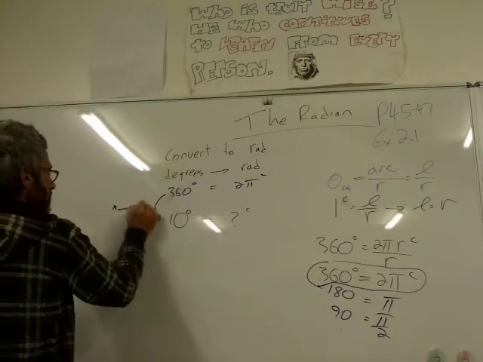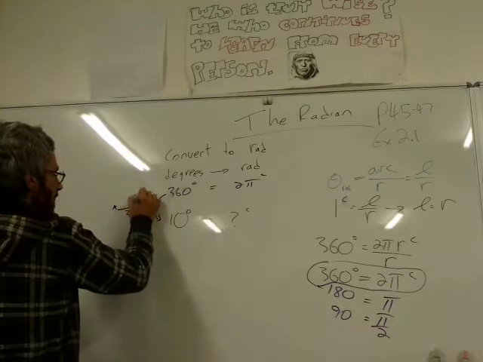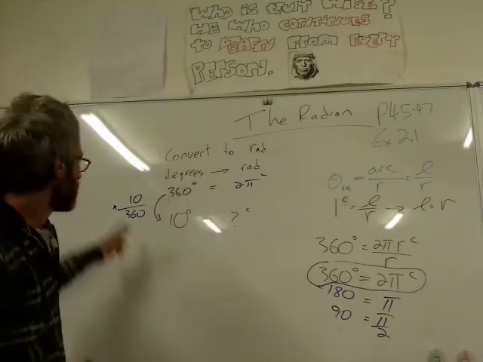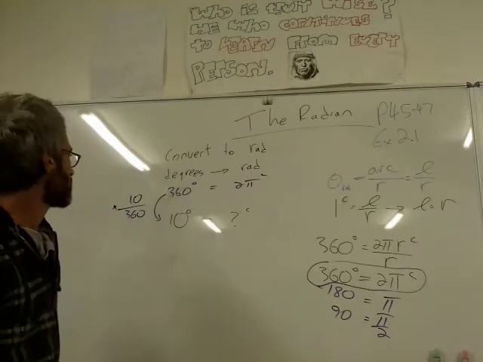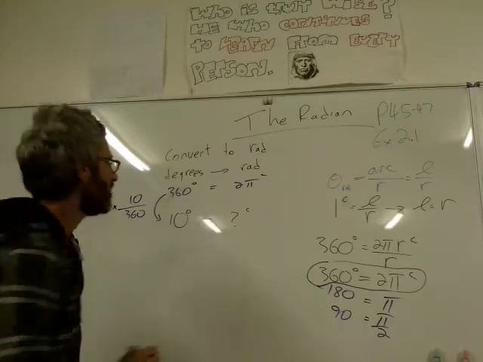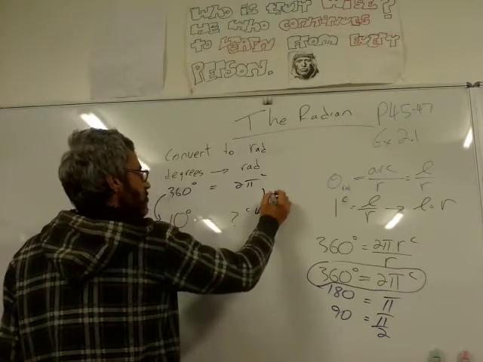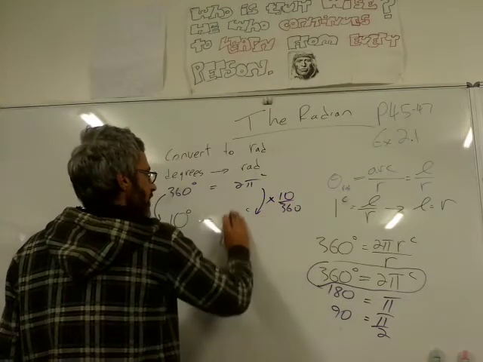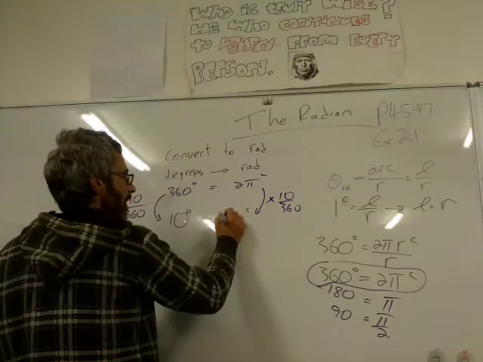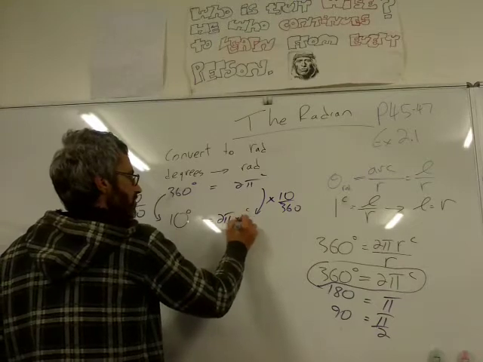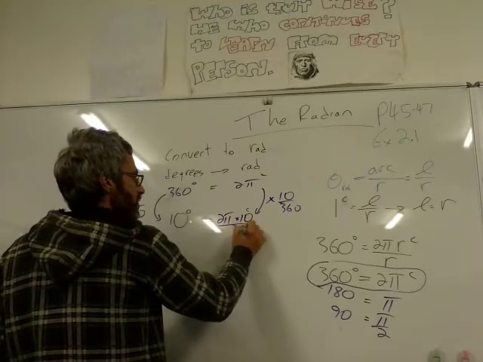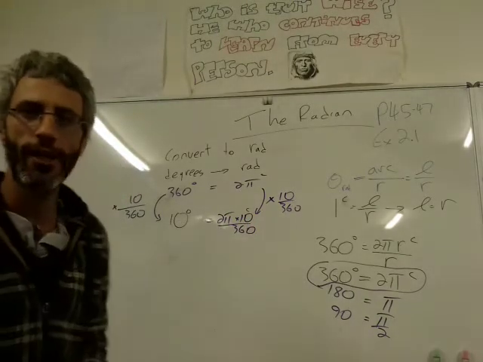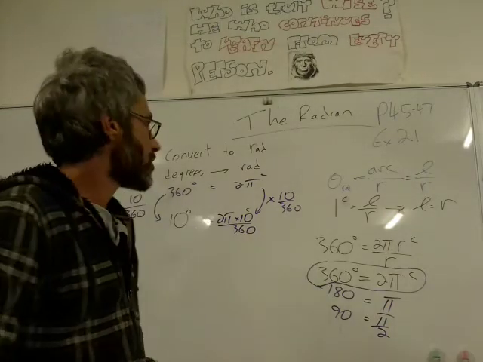Well, I divide by 360 and times it by 10, which is like times it by 1 over 36. The same thing I'm going to do to my 2 pi. I'm going to multiply it by 10, divide by 360. It's 2 pi times 10 divided by 360. You just plug it into the calculator and you get the answer in radians.